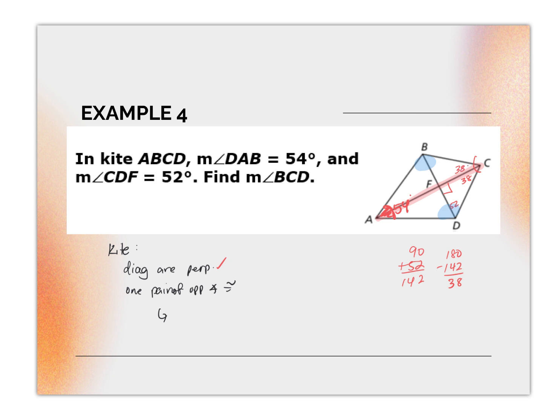So that diagonal bisects C into two equal angles. So angle C is actually 38 plus 38, or 76 degrees. And when we say angle C, what I mean is angle BCD, which is this large angle there. So angle BCD equals 76.